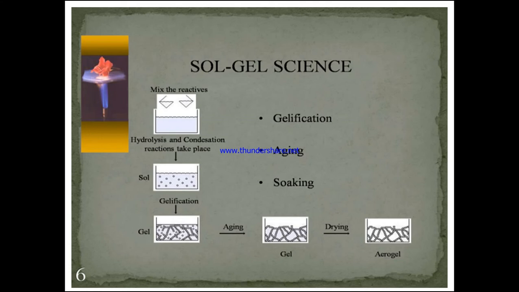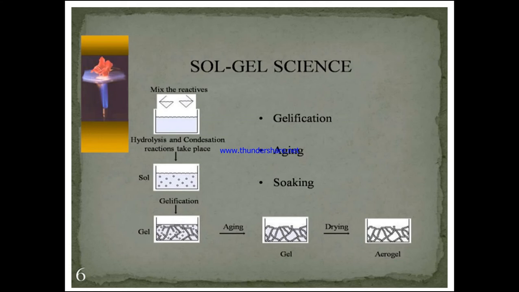When we heat it, we get the nanomaterial. Nanomaterial is nothing but the metal oxide. So elimination of alcohol takes place, so that we can extract the nanomaterial by the calcination technique here.